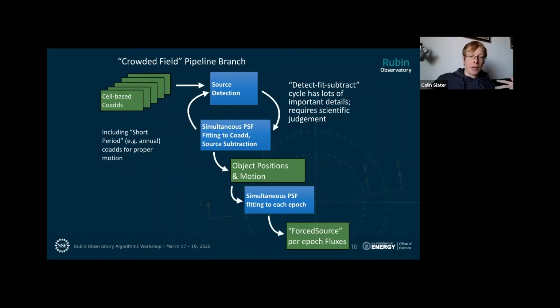Those would then, for a particular short period coadd, get passed to determining the positions and motions by matching between different short period coadds. And from that gives us a model of the motion of the star that we can use to go back to the individual epochs to get those, what we call vaguely force source-like, per epoch fluxes.